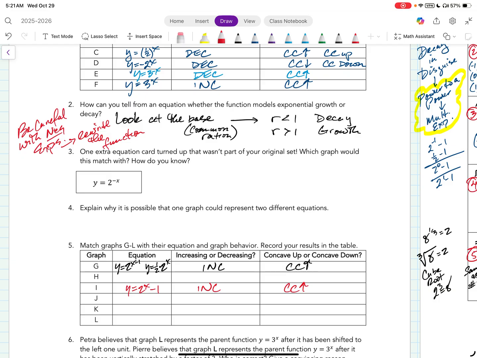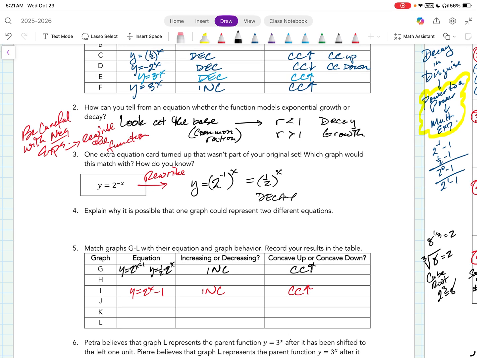If you rewrite this guy, so what do we have? We have y is equal to 2 to the negative 1 power raised to the x power. And this is just 1/2 to the x power. So this is a decay function in disguise, as I was talking about earlier. Okay, explain why it's possible that one graph could represent two equations.